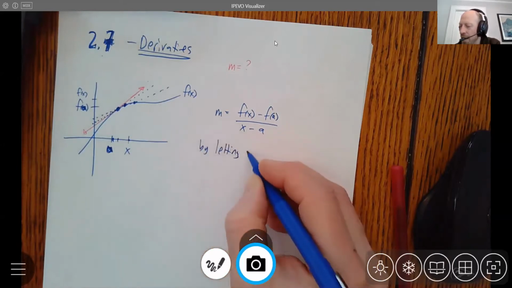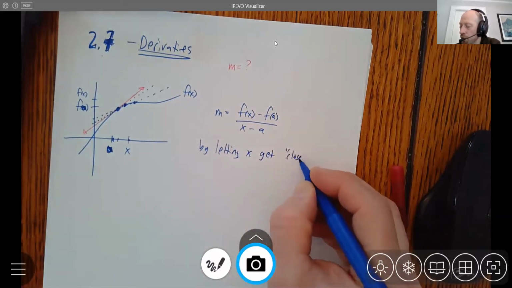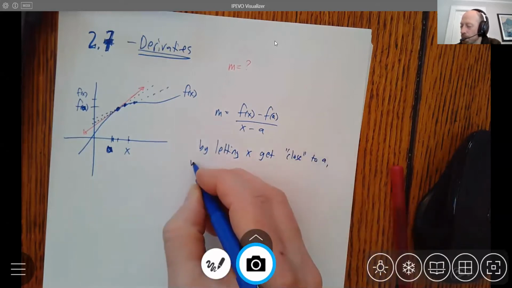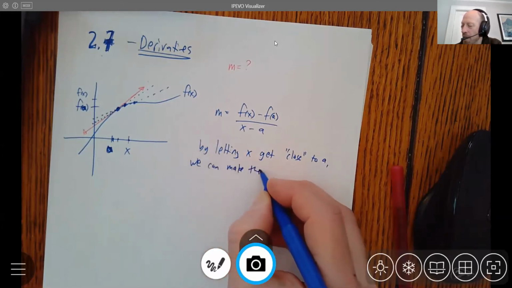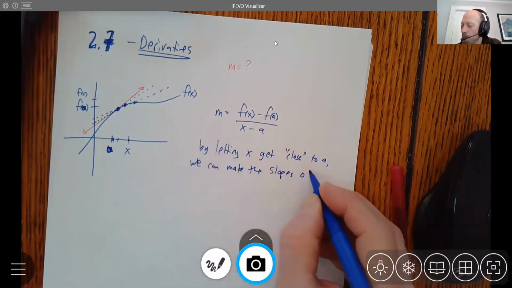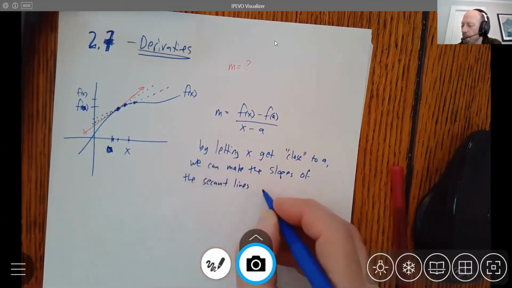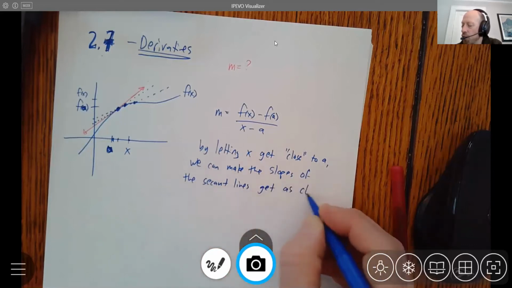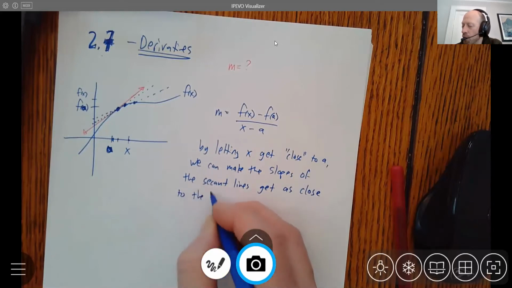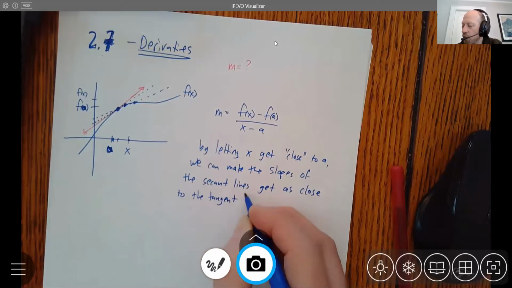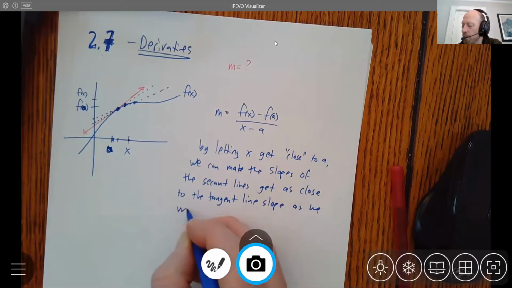By letting x get close to a, we can make the slopes of the secant lines get as close to the tangent line slope as we want.